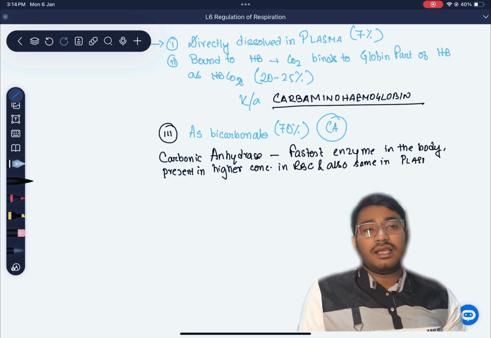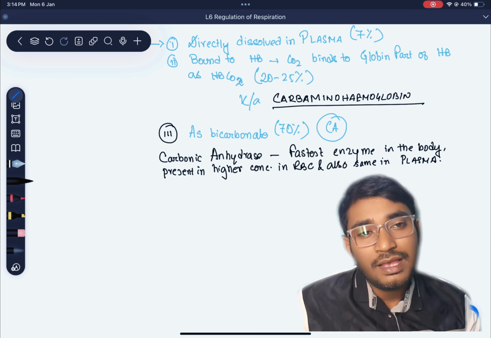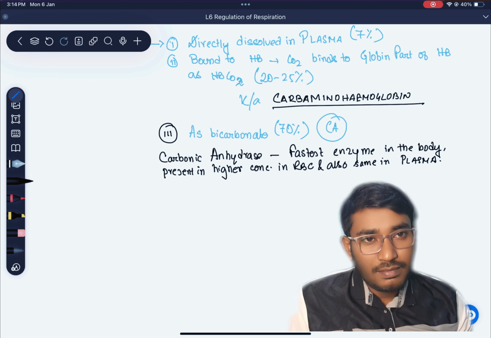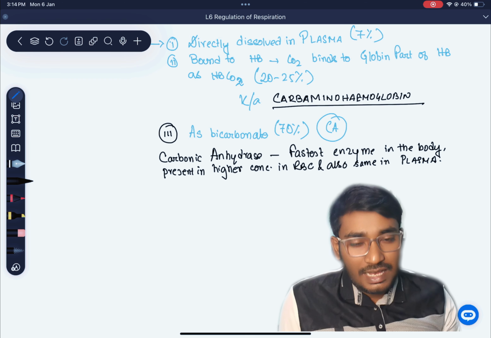What is carbonic anhydrase? Carbonic anhydrase is the fastest enzyme and it is maximally stored in the RBC and some in the plasma.